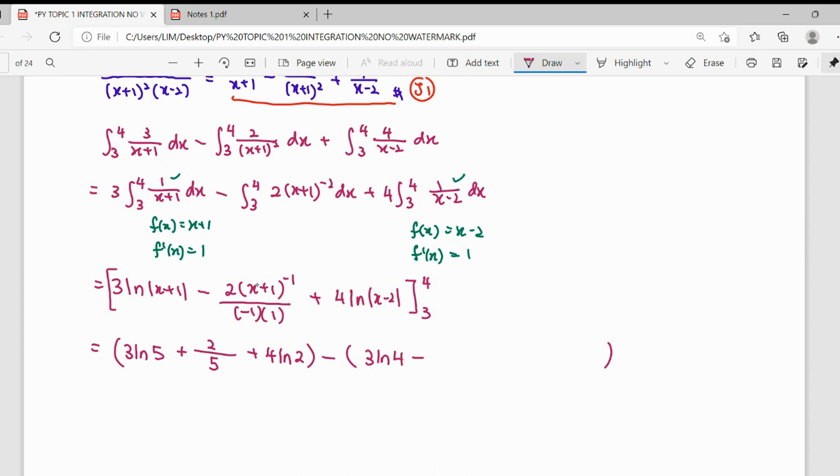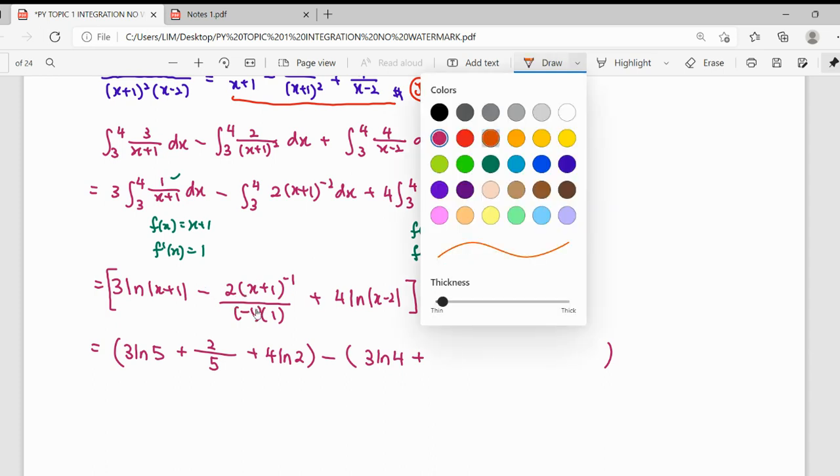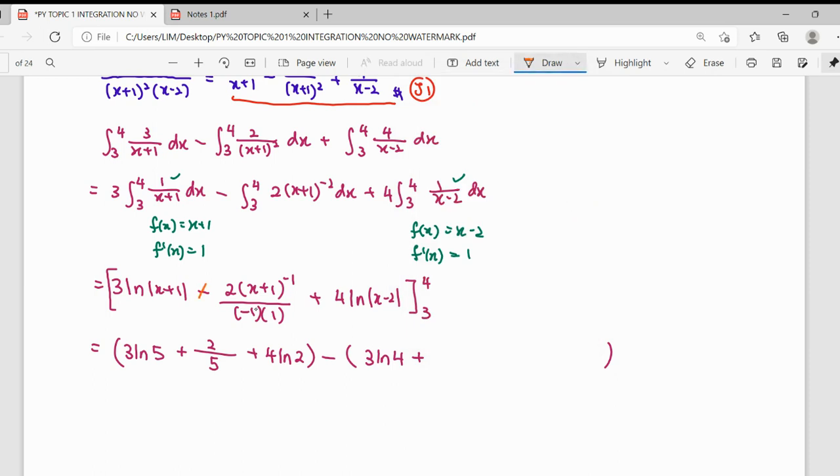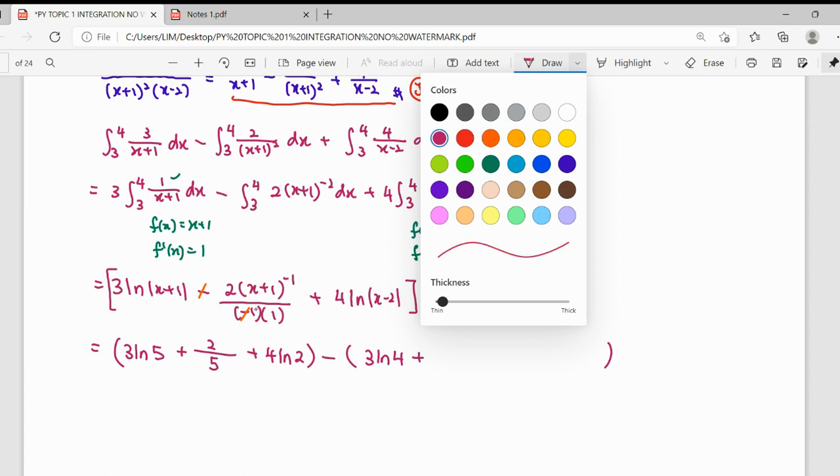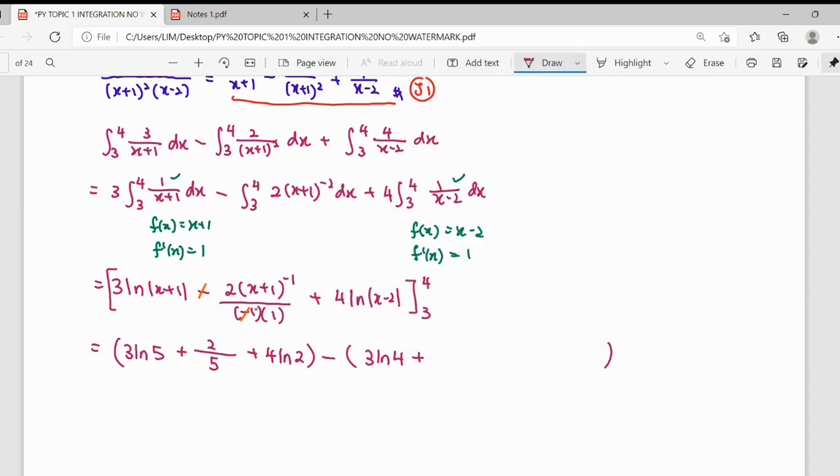Minus then positive, negative, negative, positive here, 2 over 3 plus 1, 4, and then plus 4 ln 2. Okay. Then we use our calculator, yeah? So try calculate with our calculator.